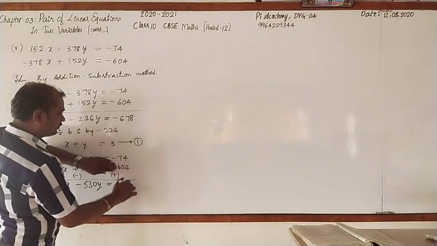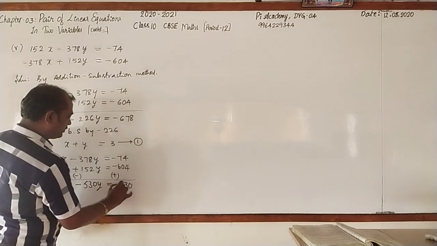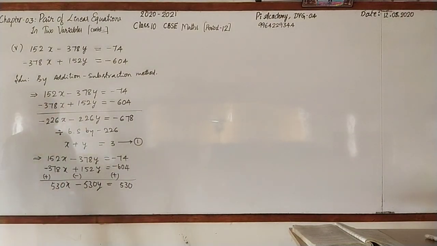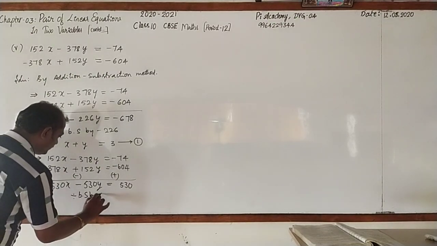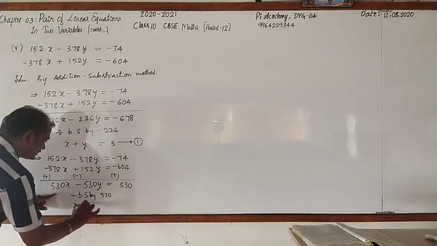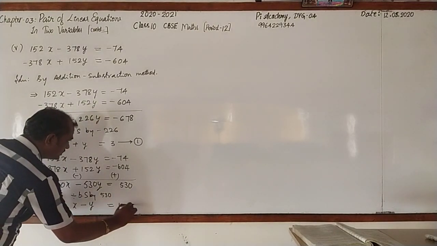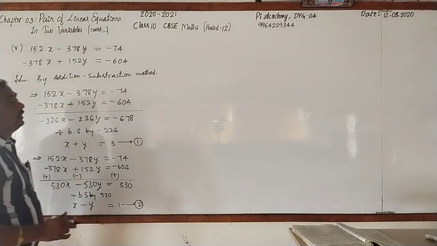Here 4 minus 4 is 0, 10 minus 7 is 3, 5 will remain, so 530. All the terms are multiples of 530. Hence, divide both sides by 530. Then this will be x minus y is equal to 1. You may call it equation 2.